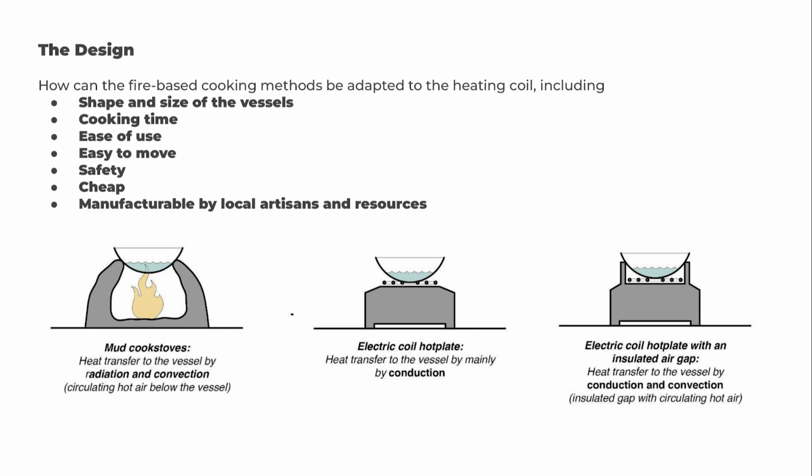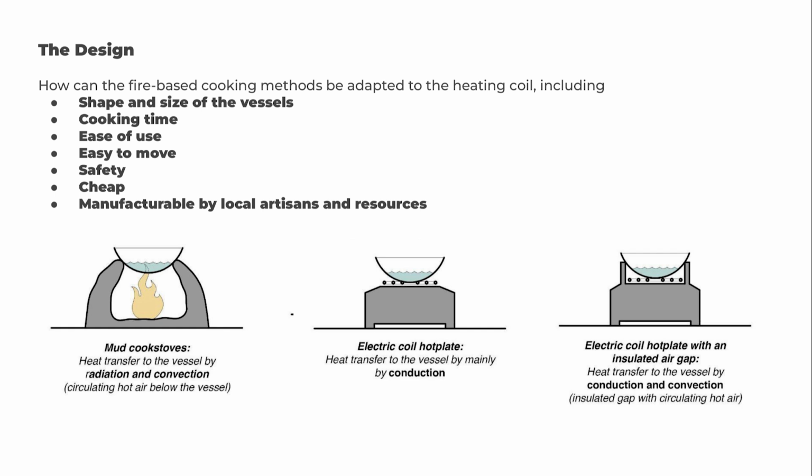In the third diagram, you can see we create a closed volume around the vessel. The vessel is touching the coil also, but a closed volume is created beneath the vessel. So the heat flows through the insulated air gap, which is called heat transfer by convection.